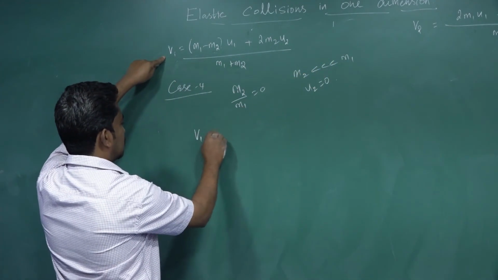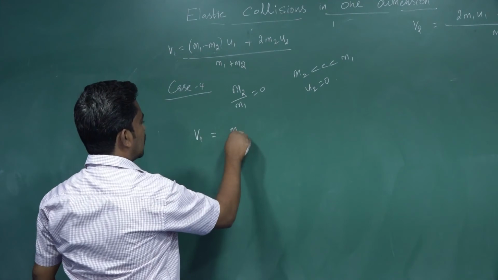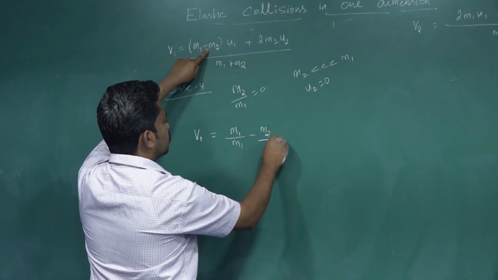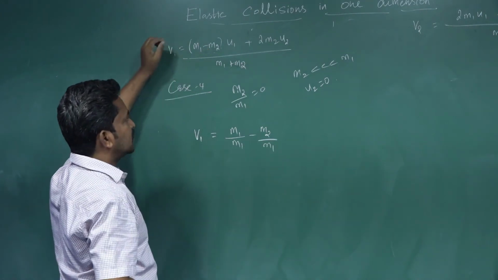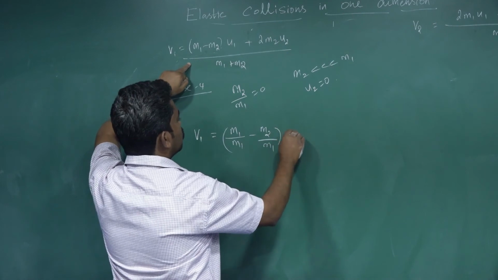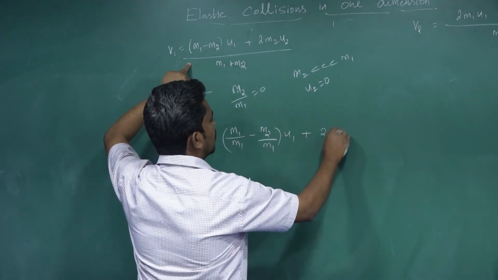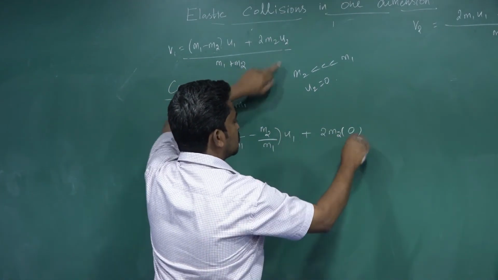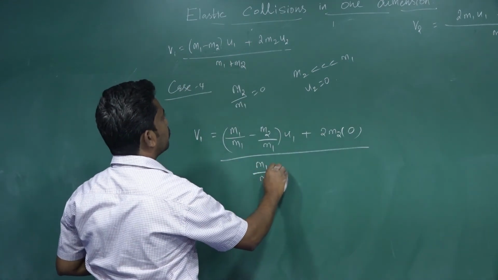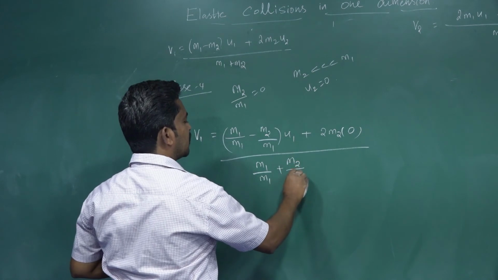What is the first velocity? V1 is equal to M1 divided by M1 minus M2 divided by M1, dividing all sides by M1, of U1 plus 2M2 U2, where the U2 value is 0, divided by M1 divided by M1 plus M2 divided by M1.